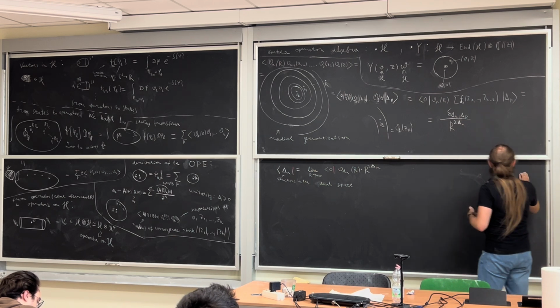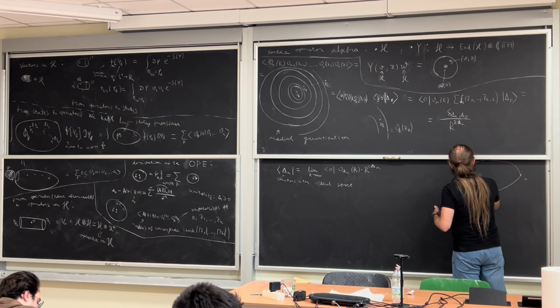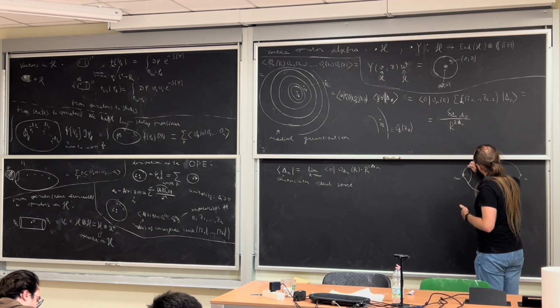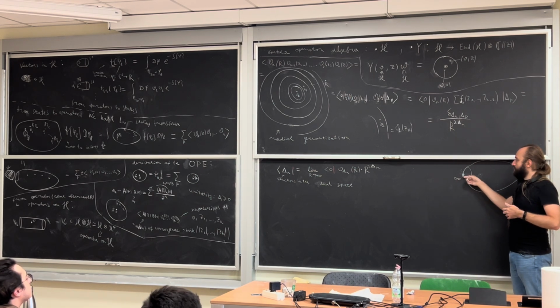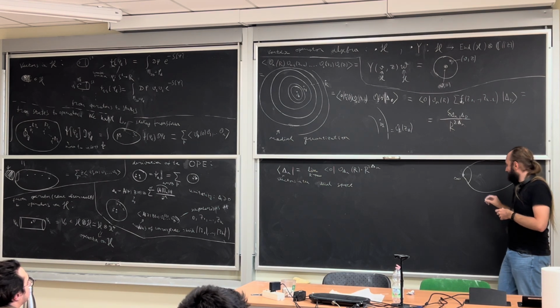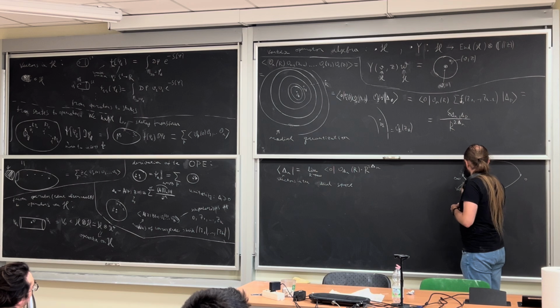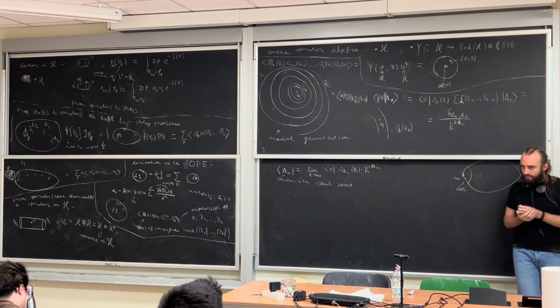Here is 0, here is infinity, and vacuum corresponds to the vector in the Hilbert space where there is nothing at infinity. And this is a vacuum.